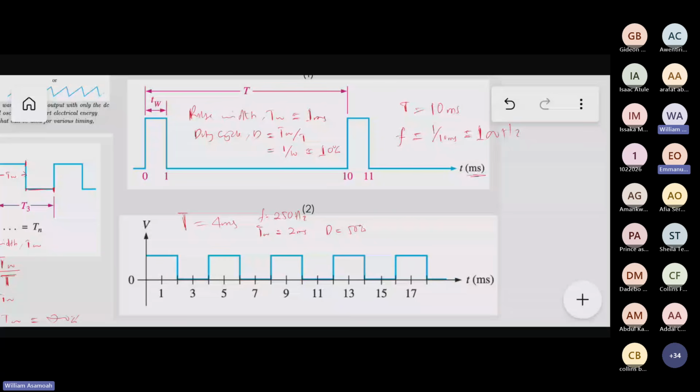So you need to understand these things to be able to use or configure a 555 timer. Now, somebody will be asking, why is it called a 555 timer?